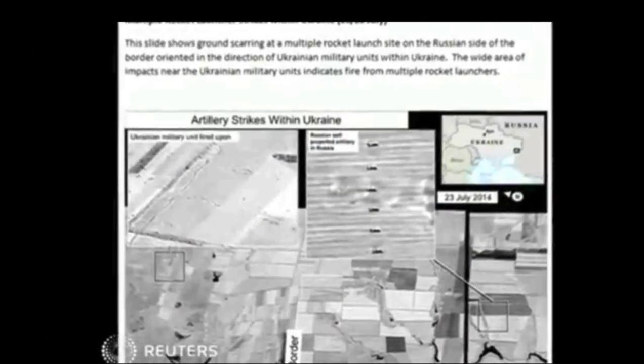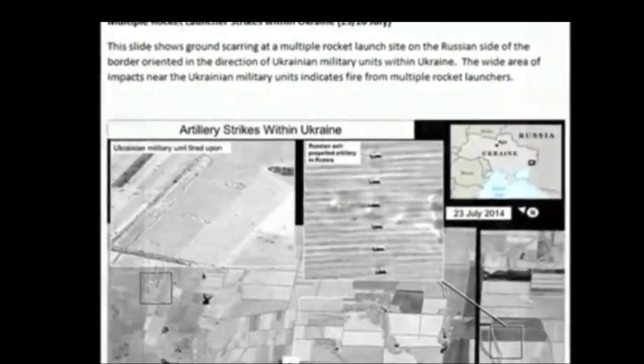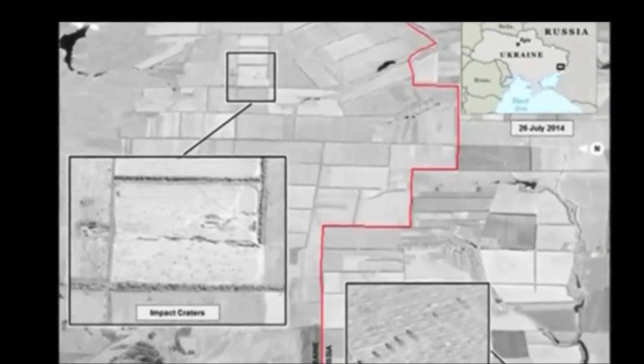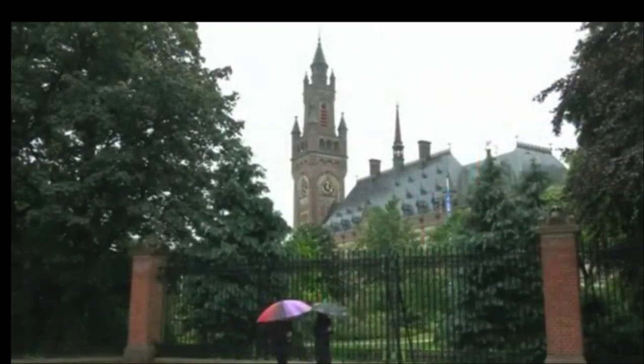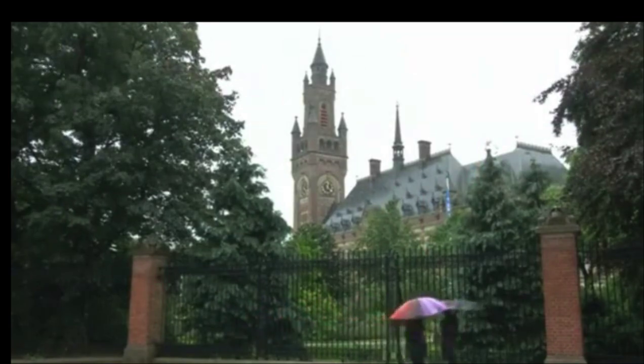Russia has been caught firing artillery across the border at Ukraine. At least that's according to these images released by the US on Sunday. It's the latest development in the geopolitical standoff, and it's against this backdrop that an international court in The Hague has ordered Russia to pay $50 billion to shareholders in Yukos, the former oil giant. Emmanuel Gaillard is a lawyer representing the shareholders.